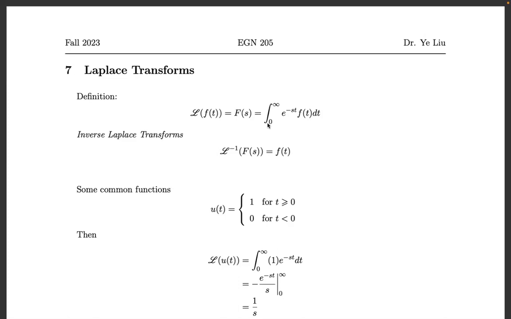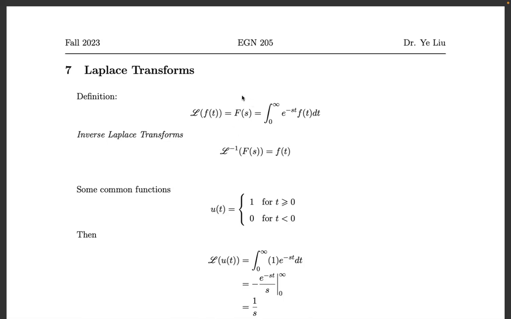It equals the integral from 0 to positive infinity of e to the power of minus st times f(t) dt. So t is the variable. This Laplace transform again converts a function from the time domain to the s domain.